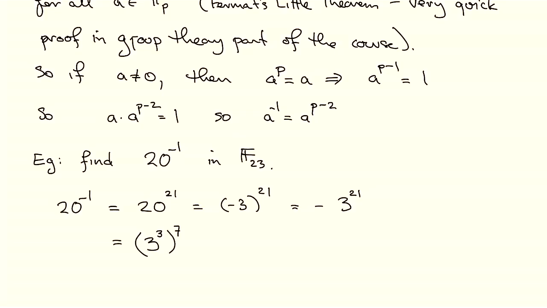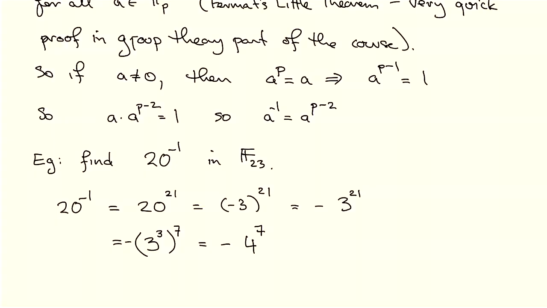So it's gone just a little bit past 23, and so I can reduce it down a little bit. So that is minus, with the minus still there, of course, and then 27, but 27 is 4.